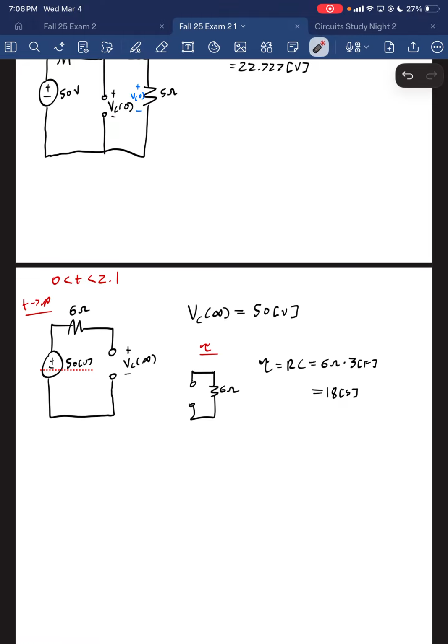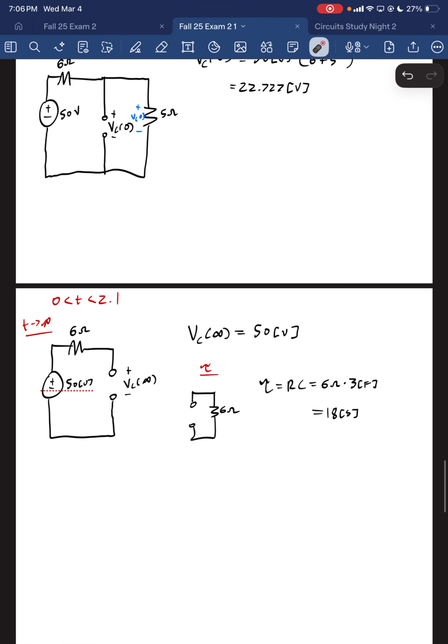Yes. After the switching event at 2.1 seconds, there are no more switching events, so the voltage will actually reach the steady state, the VC of infinity, the final value. But regardless, in both cases you still have to find it. It doesn't matter if it reaches it or not, you still have to find it.